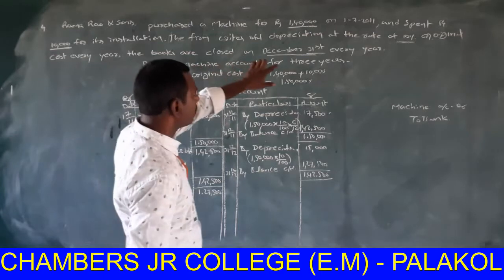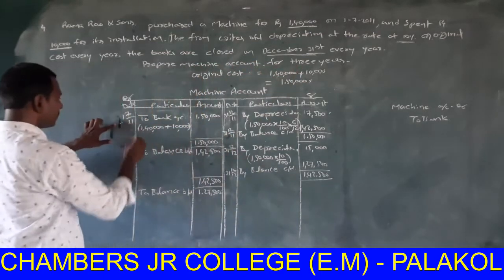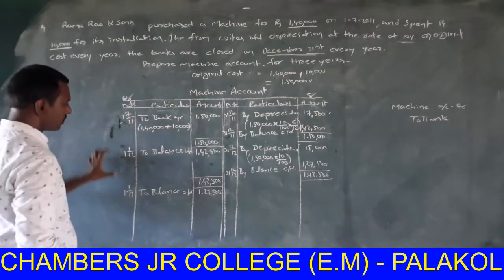Prepare machine account for 3 years: 2011 first year, 2012 second year, and 2013 third year.